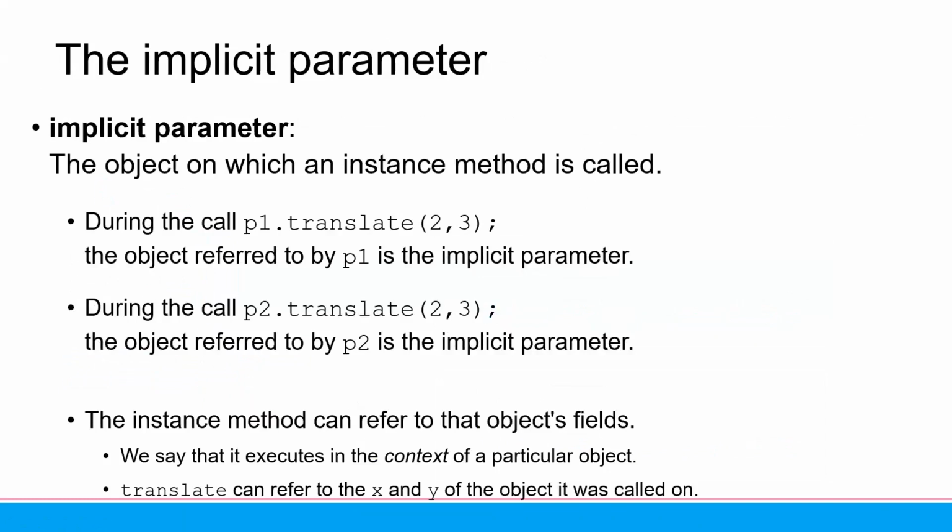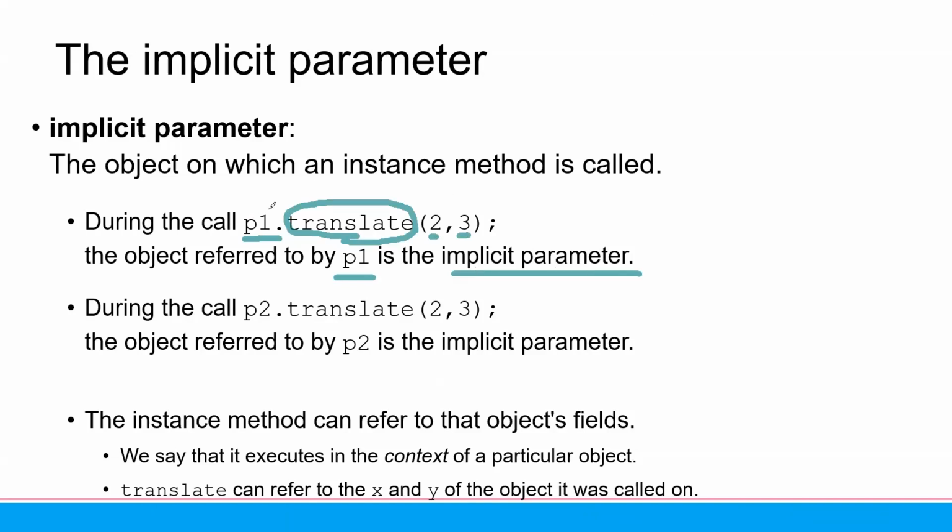The implicit parameter means the object on which an instance method is called. So I use the p1, this one. This is the object, and the object will do many things with the behavior or the method that you define. In this case, we have 2 and 3 as the parameters. So we call p1 the implicit parameter.